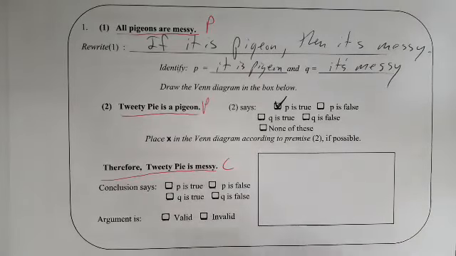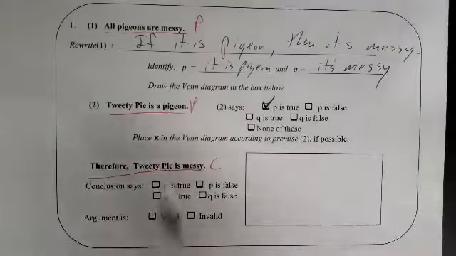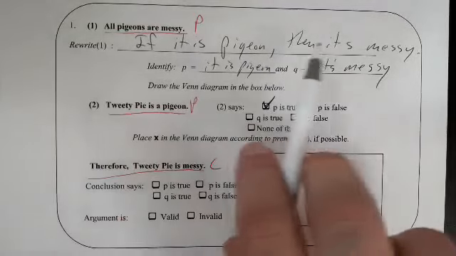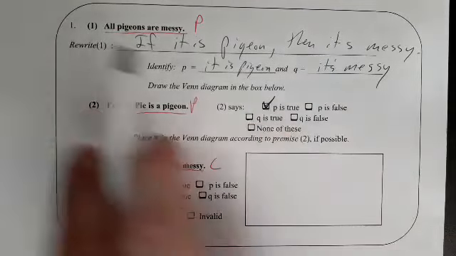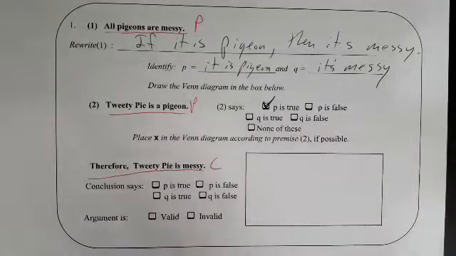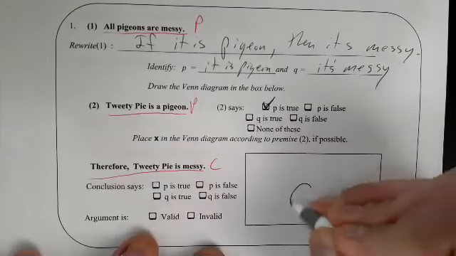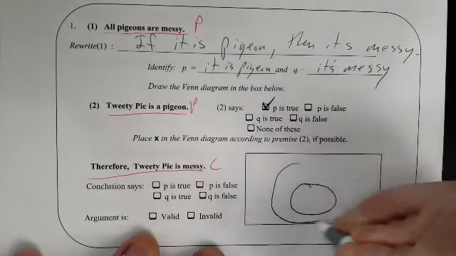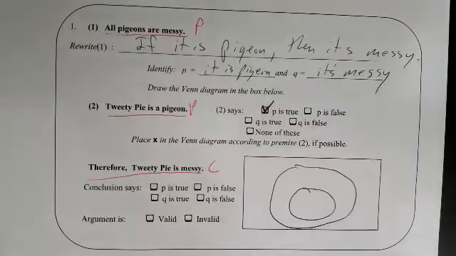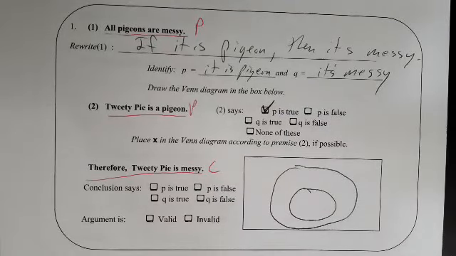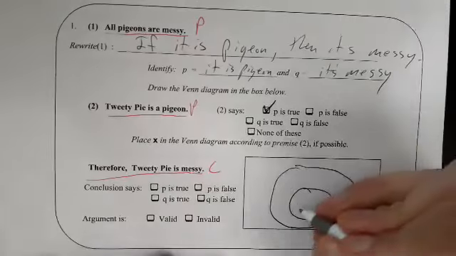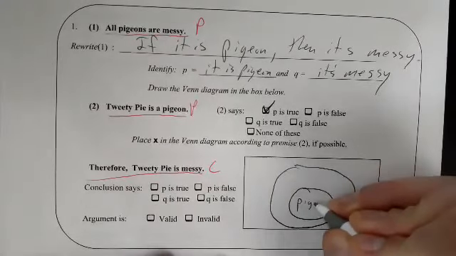Okay, so we have these two things. We want to draw these two things. So this first thing, if it is a pigeon, then it is messy. This is the if-then statement. We've done a lot of if-then statements. So I'm hoping you know how to draw your if-then statements. Can I ask a question? Yes. Tweety Pie is a pigeon. So we just take it at face value.